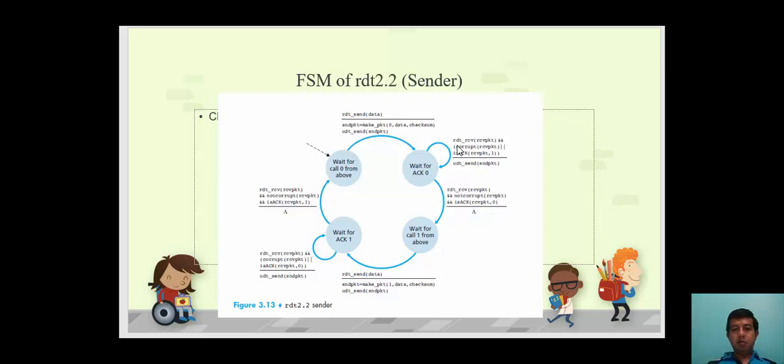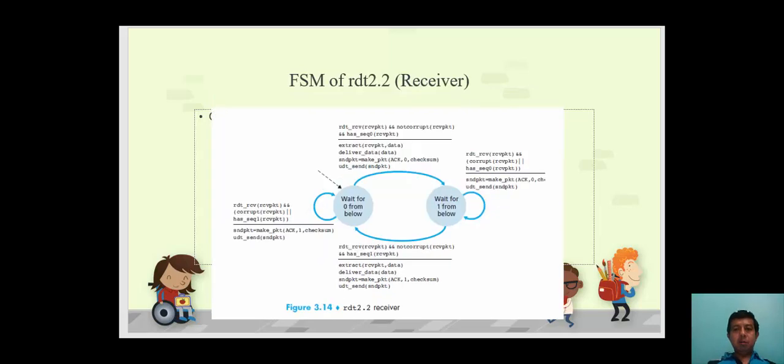All those concepts that were introduced, acknowledgement, retransmissions, all those different states, and also this is the receiver side. Receiver side again, creating acknowledgements and informing the sender about corrupt packets, using checksumming to detect corrupt packets, all those issues that were solved by our reliable data transfer protocol version 2.